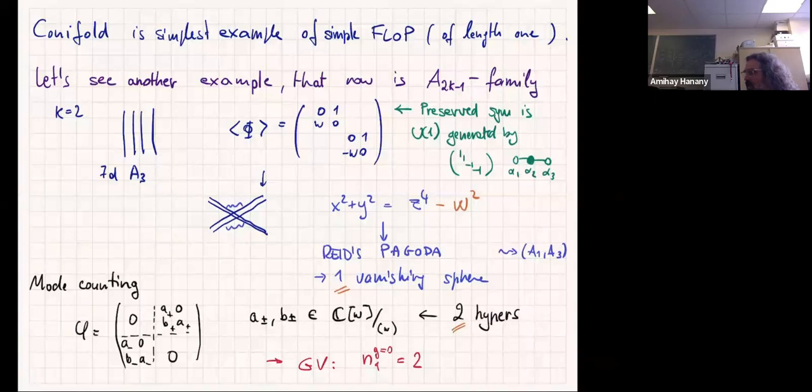Another way of asking this is how do those hypermultiplets transform under the gauge symmetry that lives on those two sets of 6-branes?